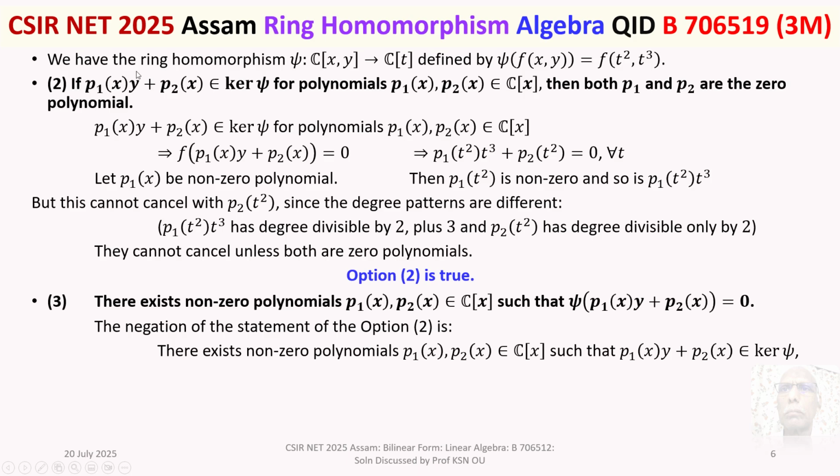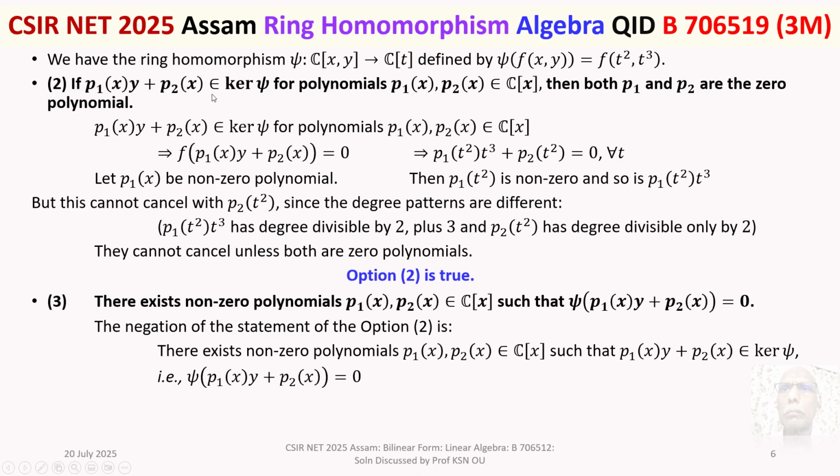That means the image of this under psi is 0, that is psi of p1 of x y plus p2 of x is equal to 0.